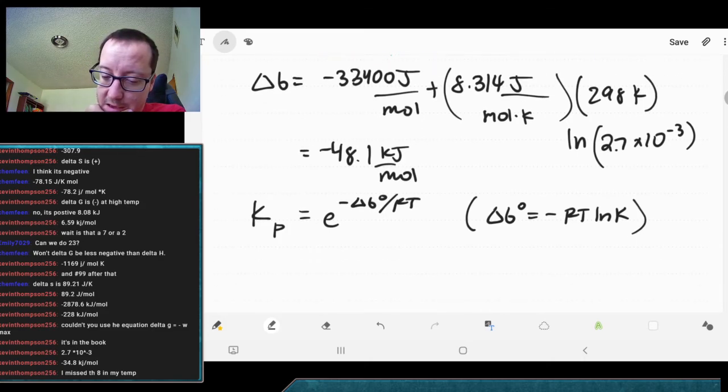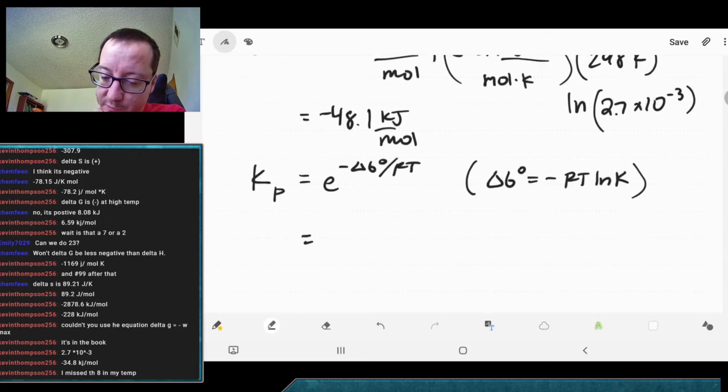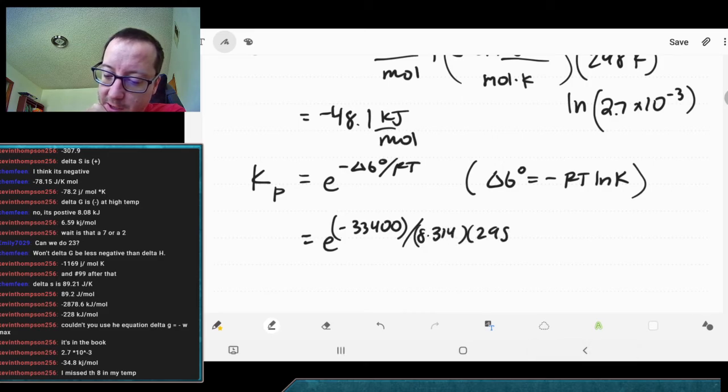So if we do this, we have our delta G was negative 33.4. I guess we need to expand that, sorry. And then we're going to have 8.314, and then the temperature 298. I feel like we did this exact one yesterday, actually. E to the negative 33,400 divided by 8.314 divided by 298.